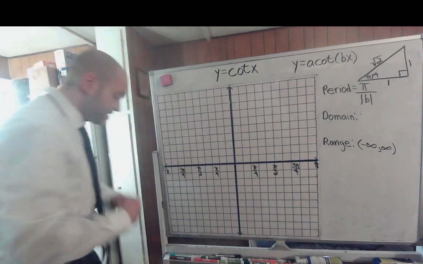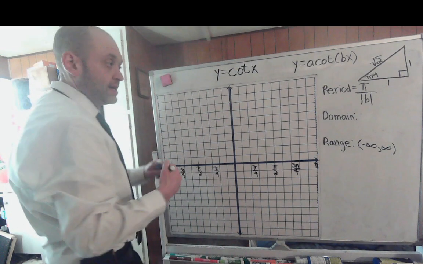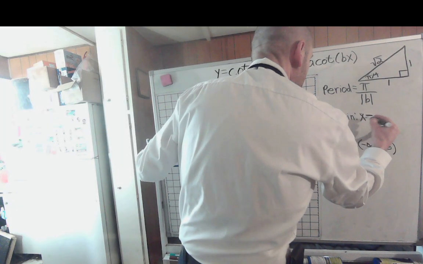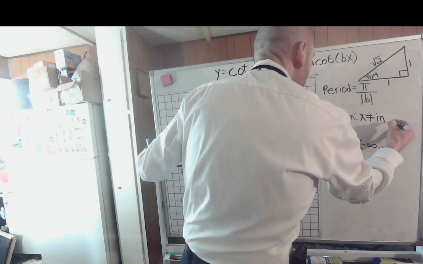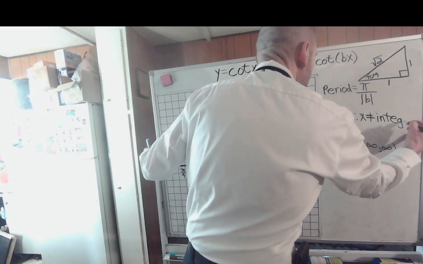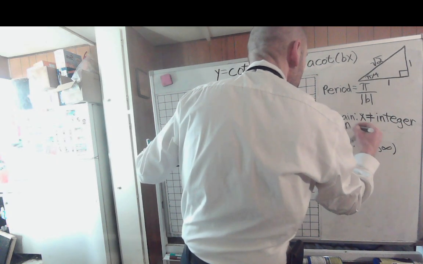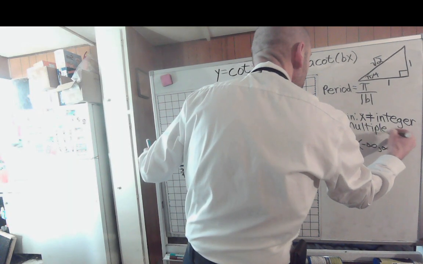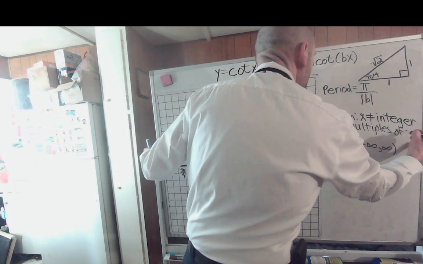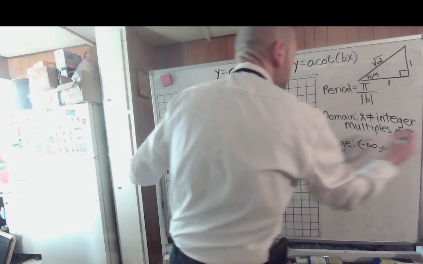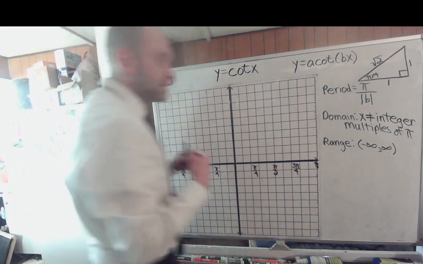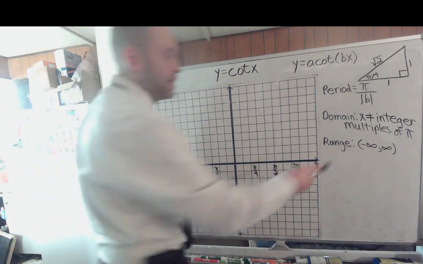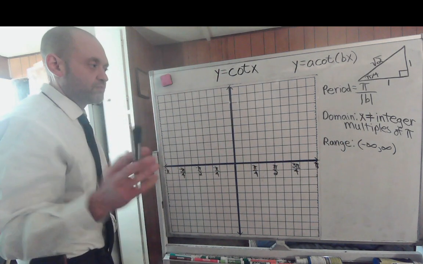Alright, so basically that means your domain is going to be x is not equal to integer multiples of pi. So the domain of the cotangent function is all real numbers except x equal to integer multiples of pi. You don't want x to have any integer multiples of pi.